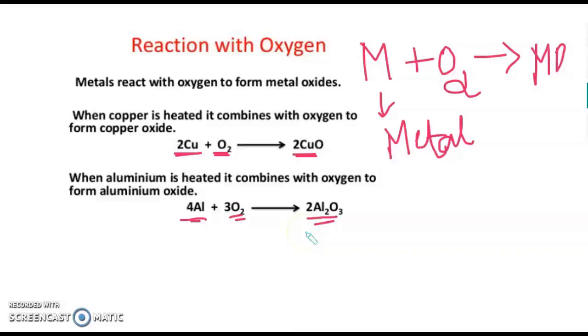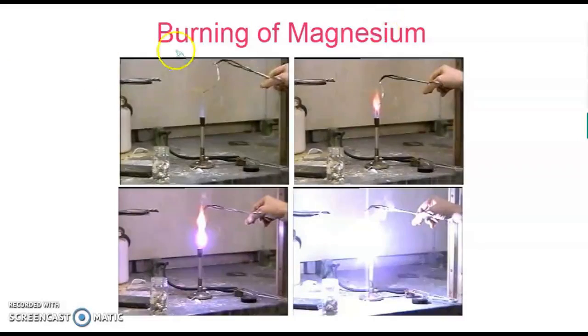Now let's see one of the lab experiments which will make this topic more clear. Burning of magnesium. Can you see the silver strip? Yes, this is a magnesium strip. When you heat this magnesium strip, what is happening?